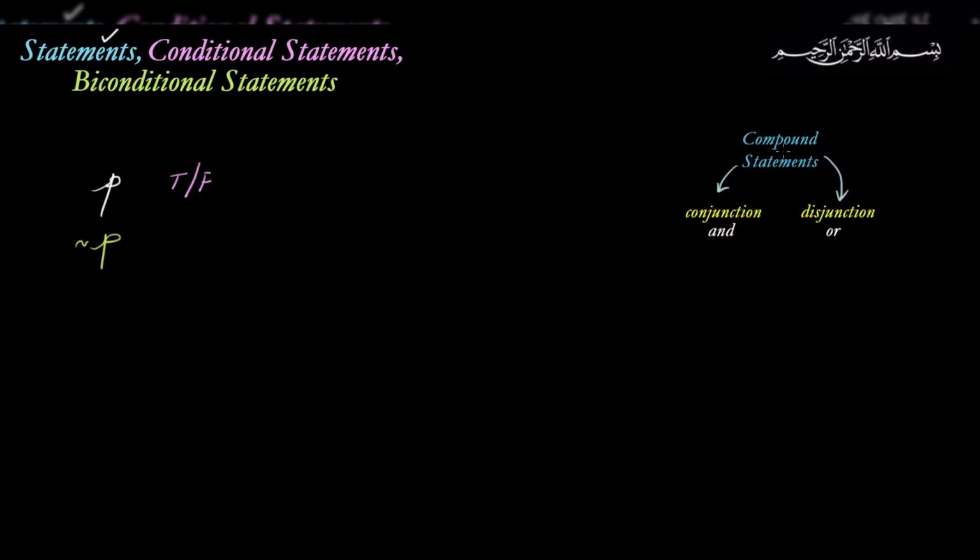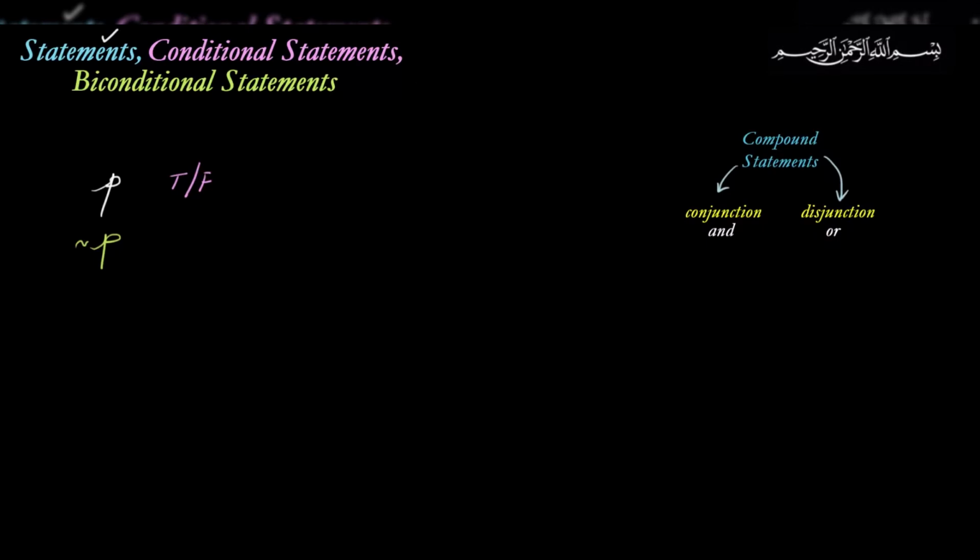Also, we suggested last time that statements can be combined, and these are called compound statements. You can combine statements in the form of a conjunction using the word and, or in the form of a disjunction using the word or.